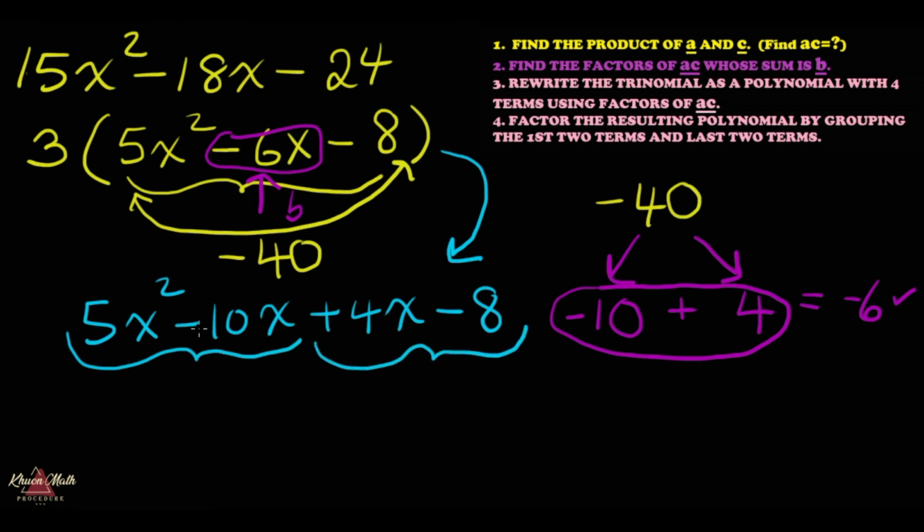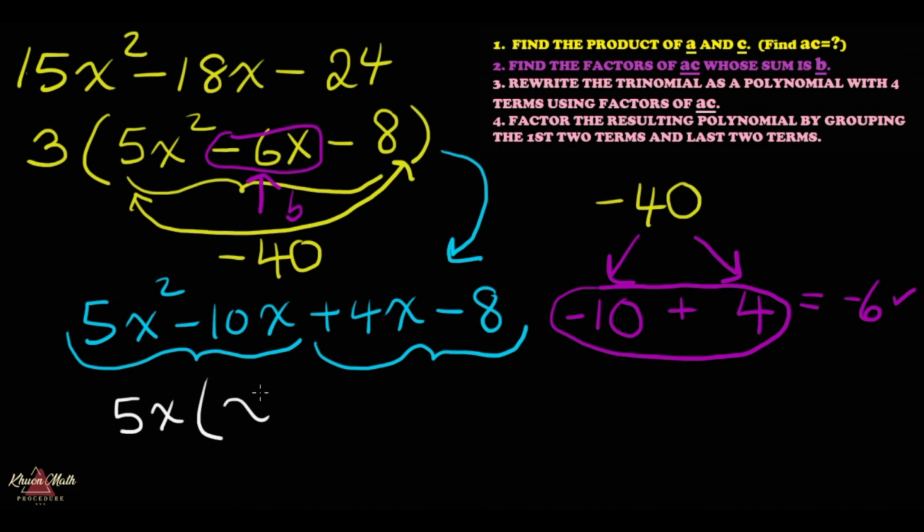We have the first 2 terms as one group, and the last 2 terms as another group. So we're going to factor each group. The first group, we can factor by taking out the greatest common factor, and that's going to be 5x. 5x times what gives us 5x squared?